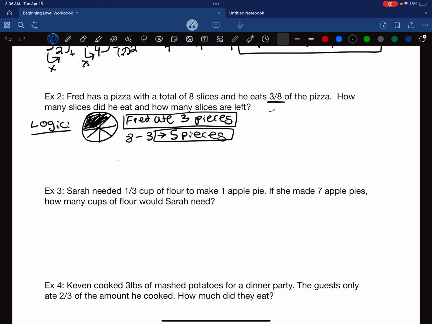However, you can do the plug and chug route. I like to call it plug and chug because when you do this, you're just plugging in numbers, just subtracting 2 numbers without logicking your way through, which is what we did here. So there's another route we can do, and we can take the total of 8 slices of pizza and subtract 3/8 of the pizza.